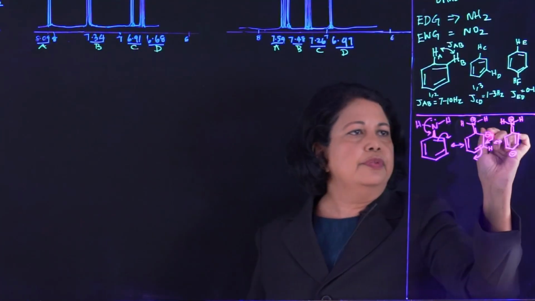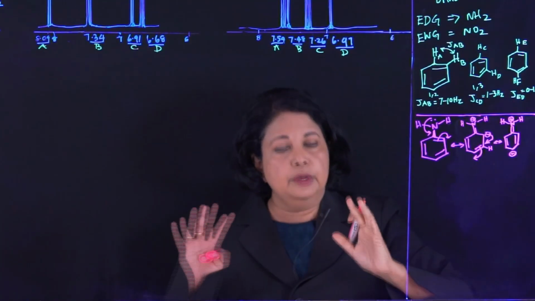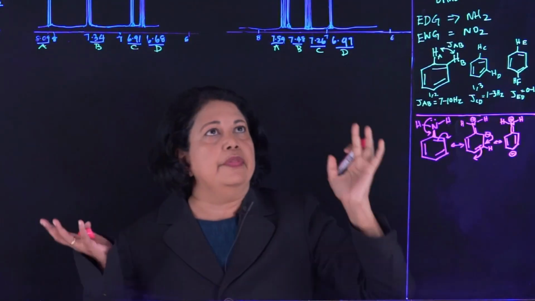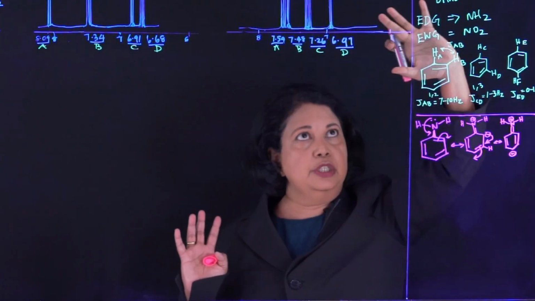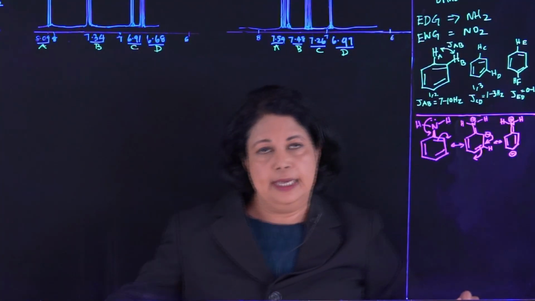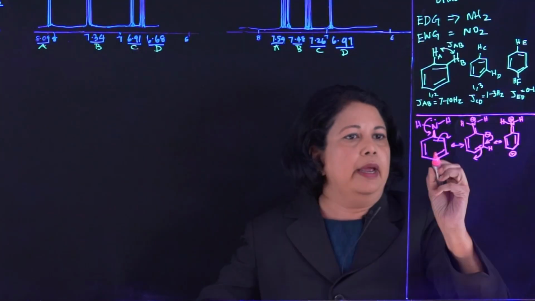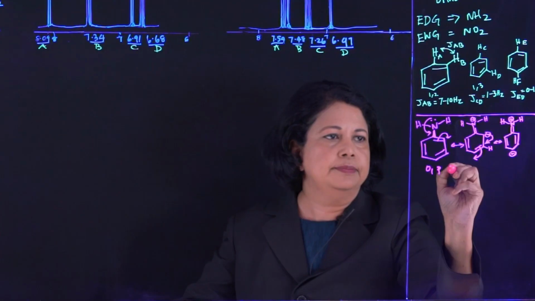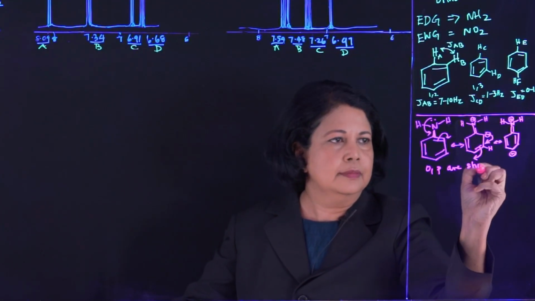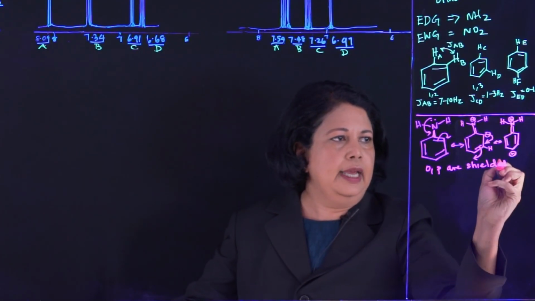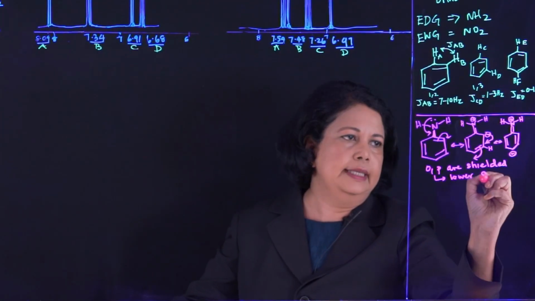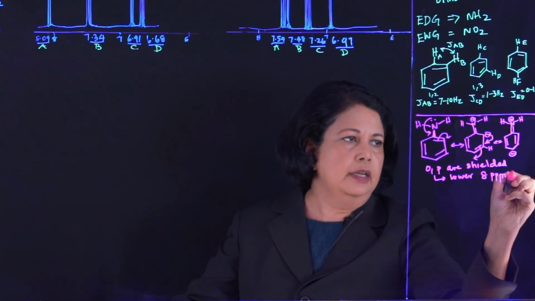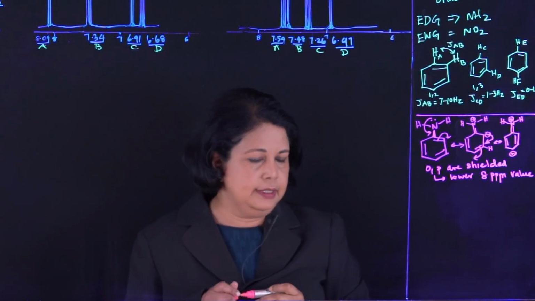So in terms of chemical shift, when electron density is high, then the chemical shift value goes down. Therefore ortho and para are shielded, and they would have a lower delta ppm value for the chemical shift.